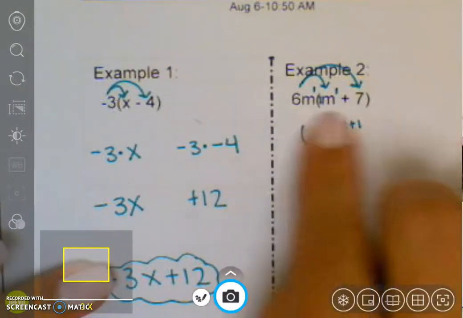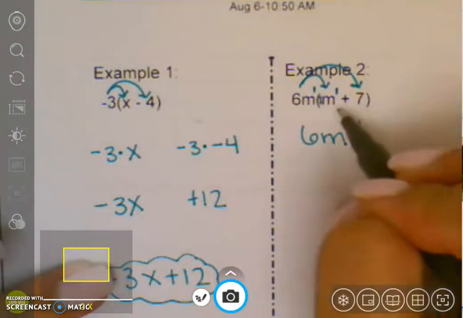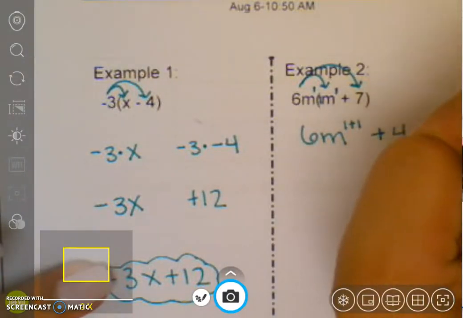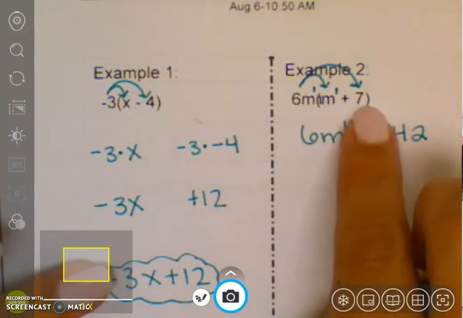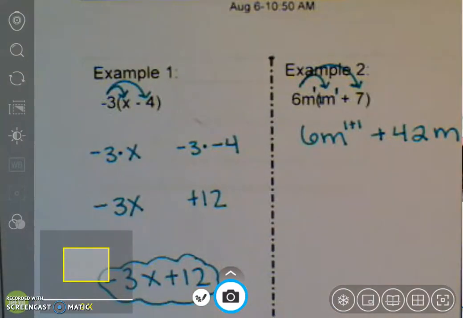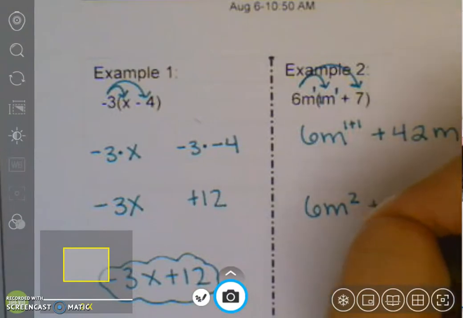Then you have to do the 6m times the 7. So 6 times 7 is a positive 42. And then m has nothing else over here, so you bring your m over. There's nothing to multiply with. So your final answer should be 6m squared plus 42m.